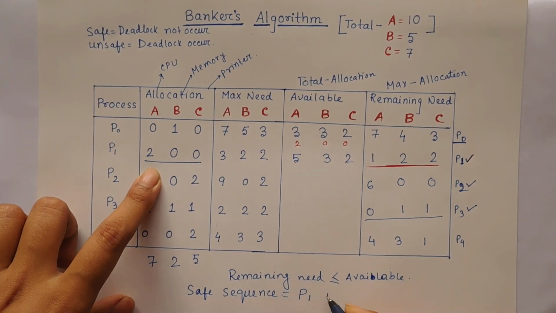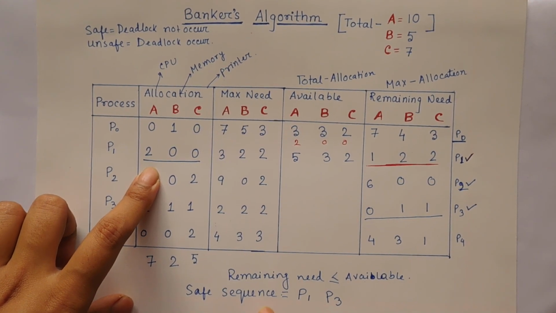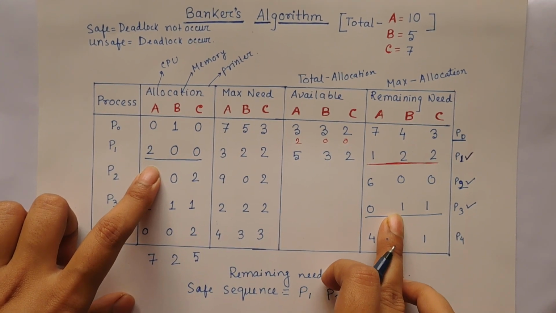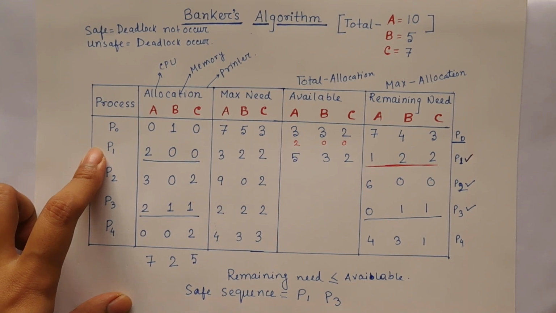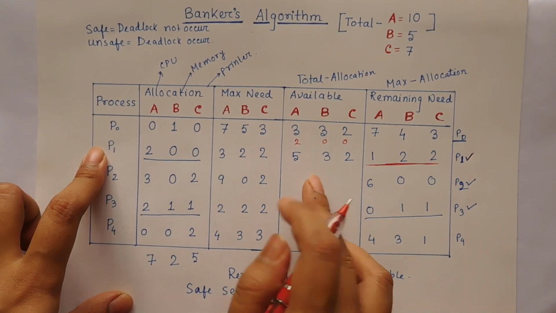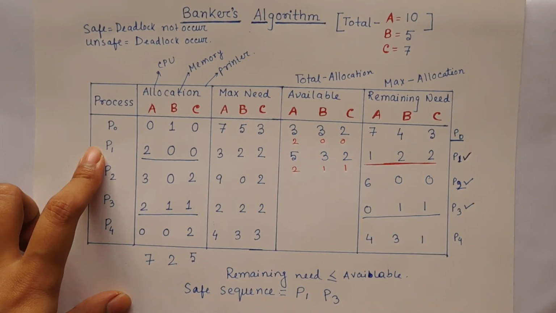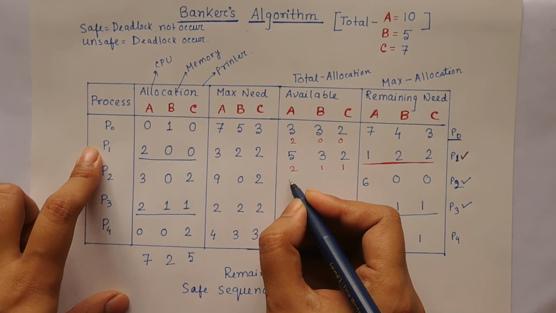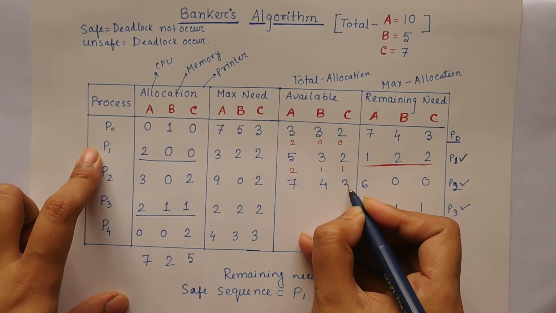So P3 is next in the safe sequence. It is executed, and after execution it releases its resources, which are added to our available resources. So 2 1 1 is added, and now the available resources are 7 4 and 3.